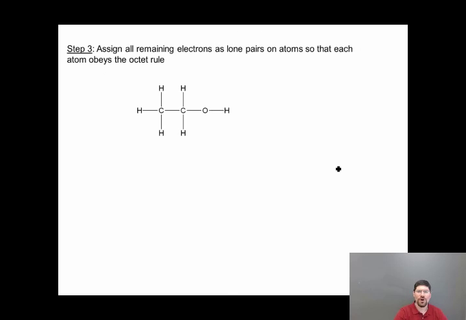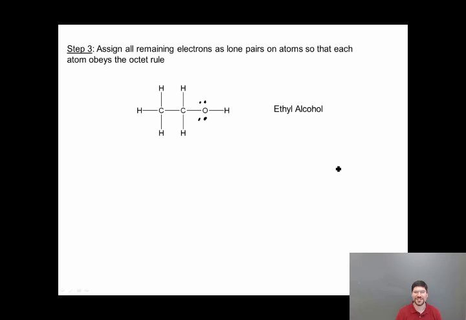In order to use all 20 valence electrons and ensure that the oxygen obeys the octet rule, we need to put 2 lone pairs on the oxygen atom.